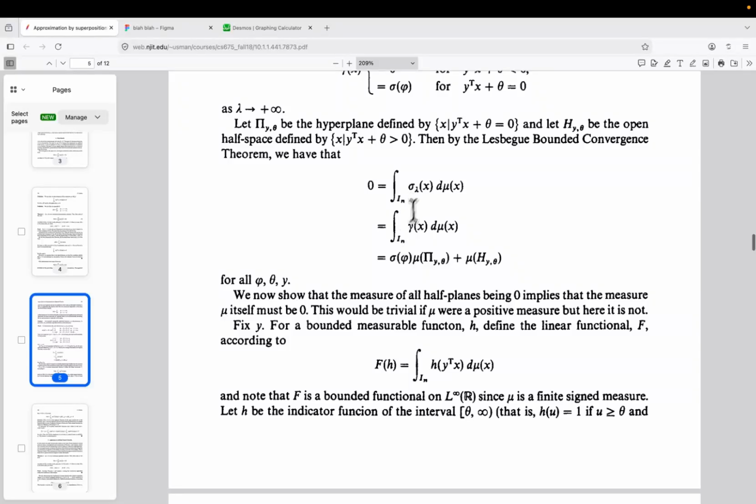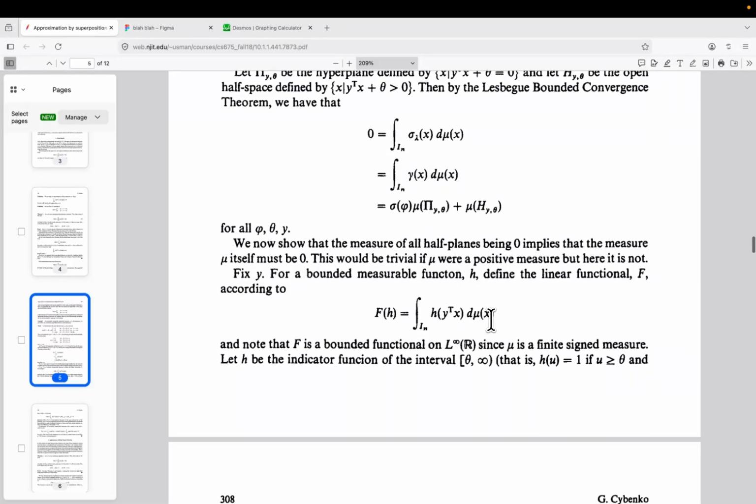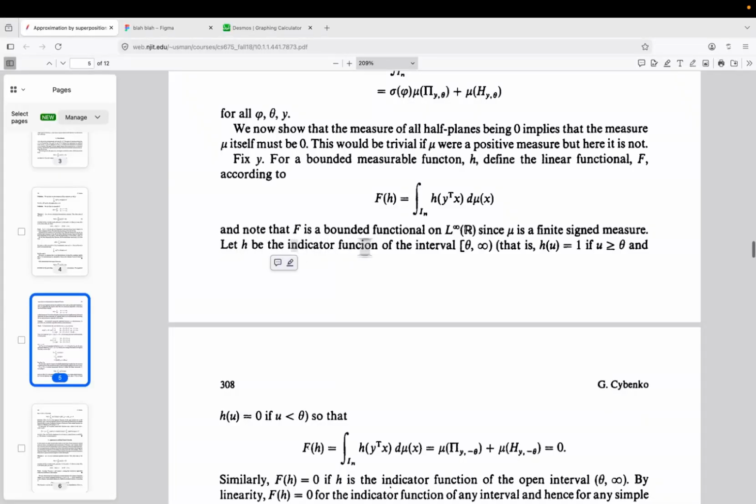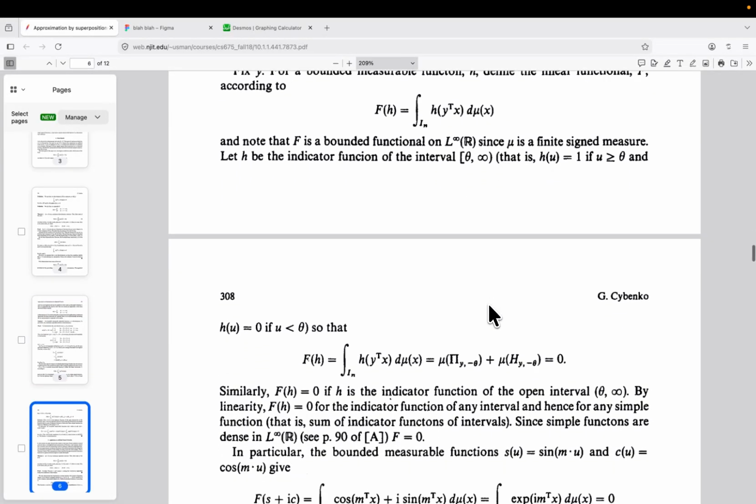I'm trying to understand why we're doing that. Let h be the indicator function of the interval, like that.